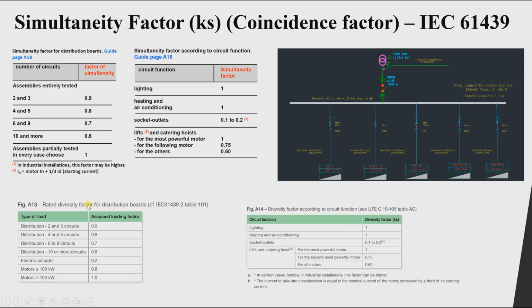But they call it the diversity factor, despite what we said before that the diversity factor is greater than 1. But anyway, neglect these definitions. You already know that the diversity factor is greater than 1 and the simultaneity factor or coincidence factor is less than 1. That is the correct definition. However, in the end, whatever we call it, we will use these values in design. Let's see how.